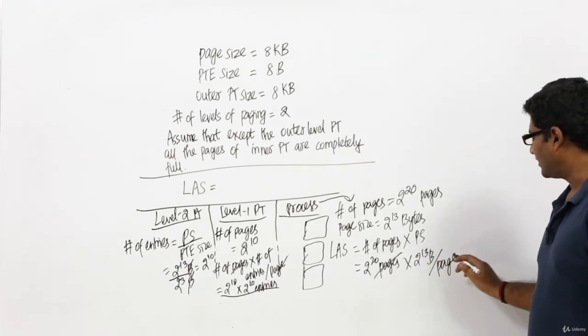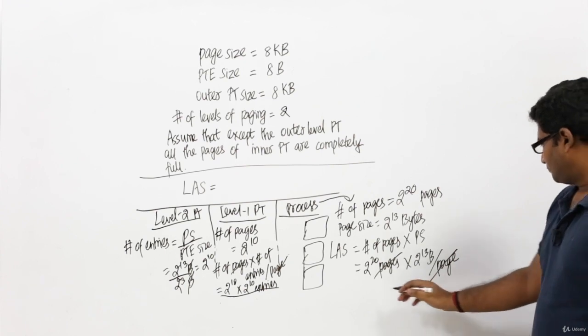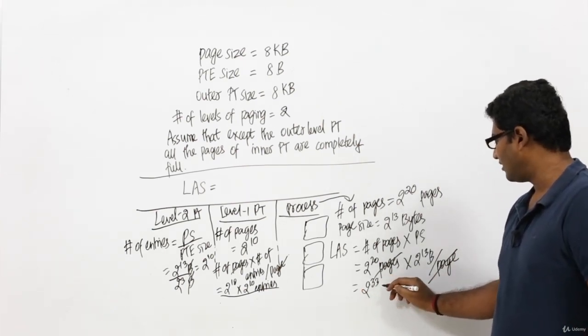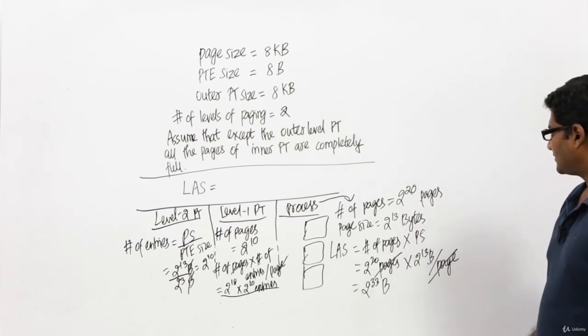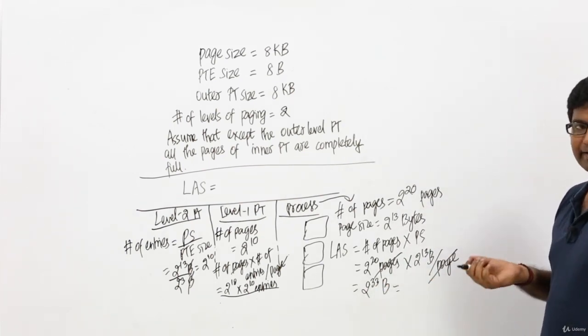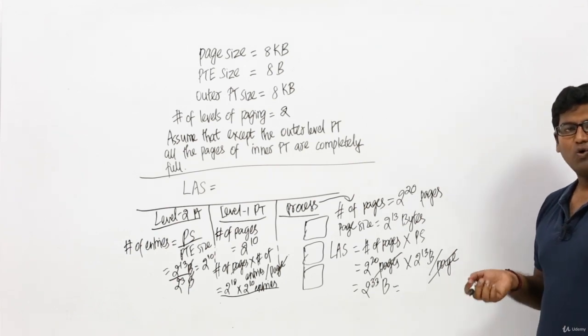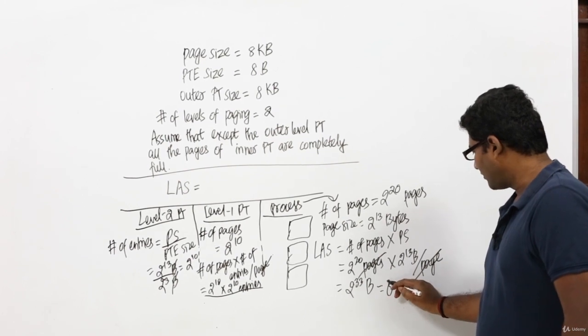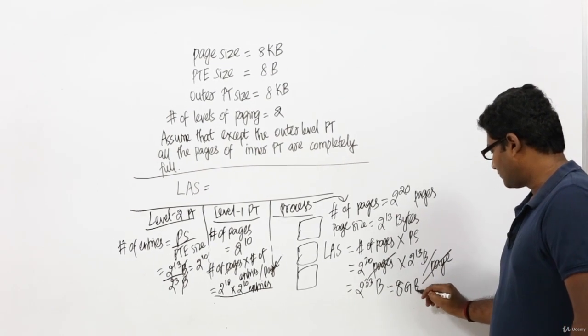So page and page get cancelled, and this is 2 power 33 bytes. 2 power 33 bytes is 2 power 3, which is 8, and 2 power 30 is GB, so it is 8 gigabytes.